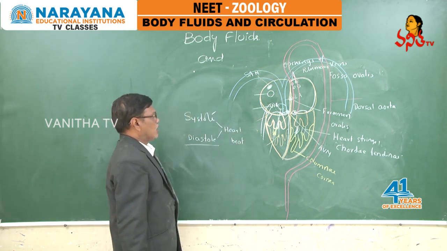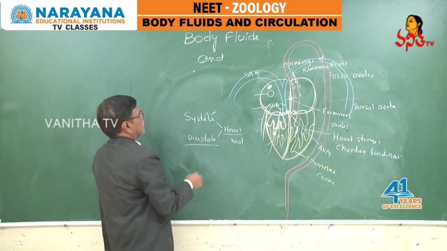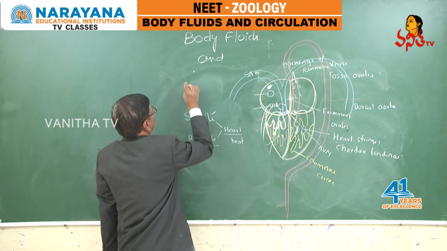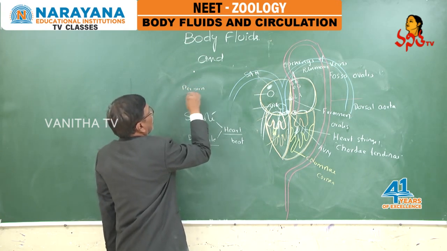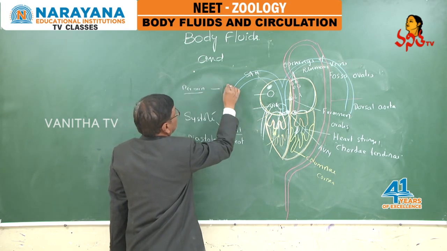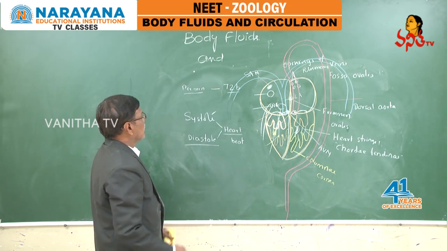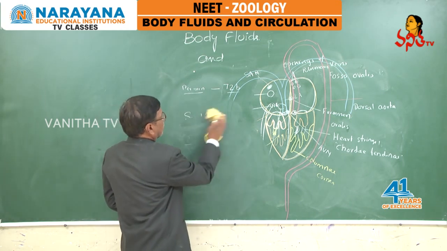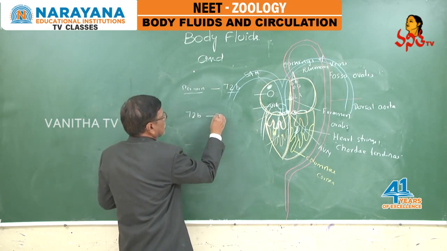One systole and one diastole together are called a heartbeat. In human beings, per minute, the heart exhibits 72 beats. What is the duration taken for one beat? For 72 beats it is 60 seconds.